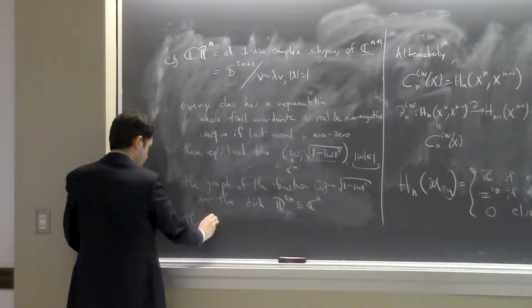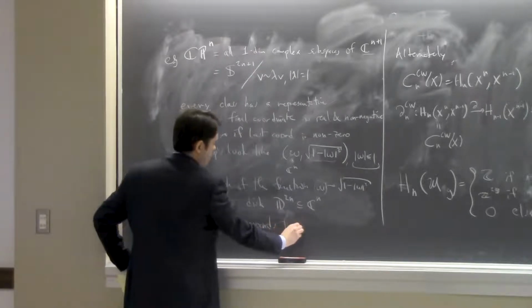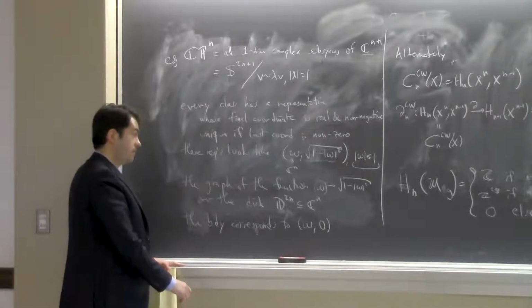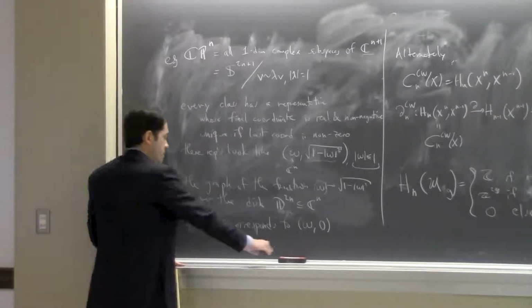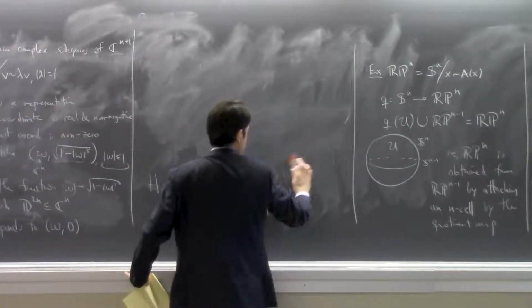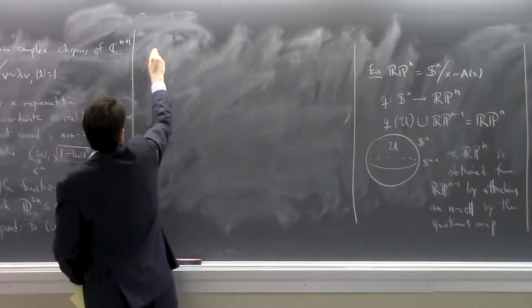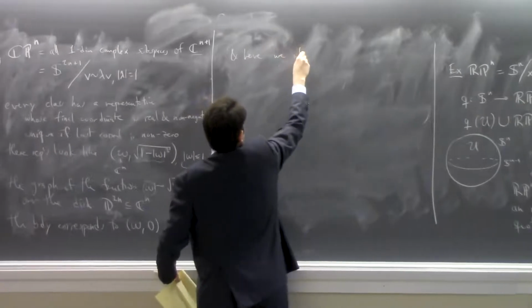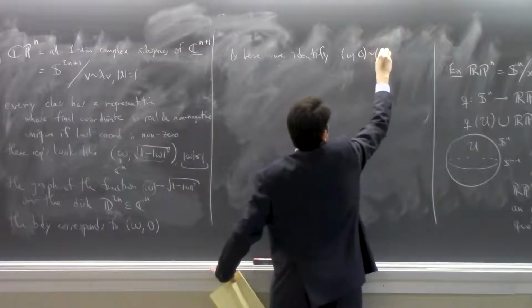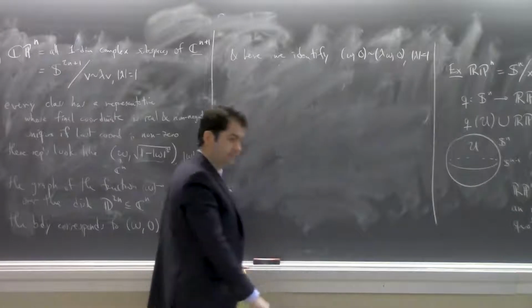So the boundary corresponds to equivalence classes [ω, 0], and here we mod out, and here we identify [ω, 0] with [λω, 0] if λ has unit length.